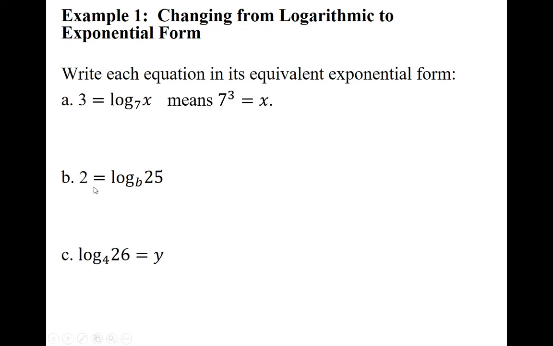In B, 2 equals log base b of 25. The base is b. The exponent is what the log is equal to. Log is exponent. Log is 2. Exponent is 2. Base b, exponent 2 equals the thing that's left, equals 25.